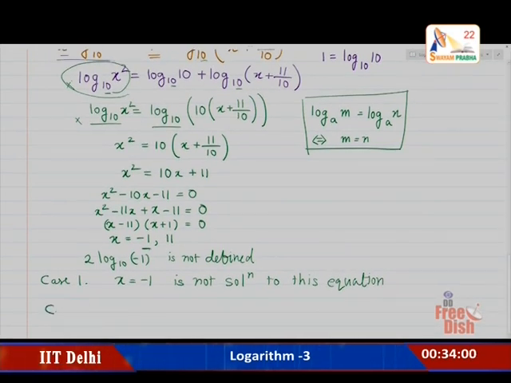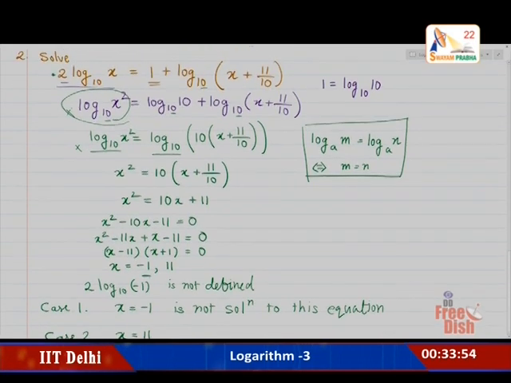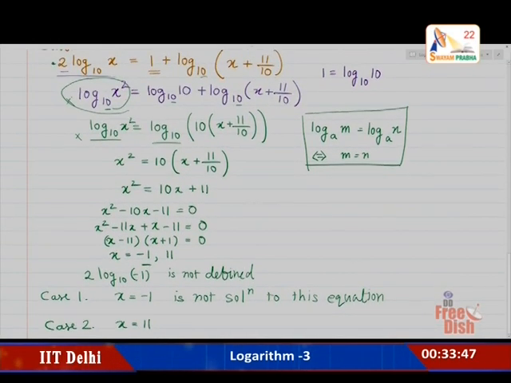So my case 2 is x is equal to 11. If I substitute, again you have to substitute, since this is a positive number, it will not create any problems. So let us substitute this into this expression and verify we get the answer.